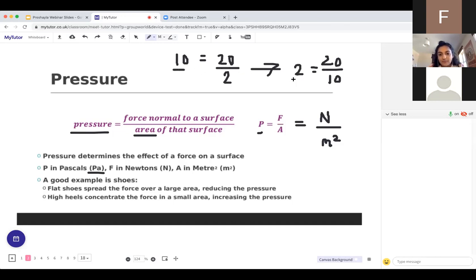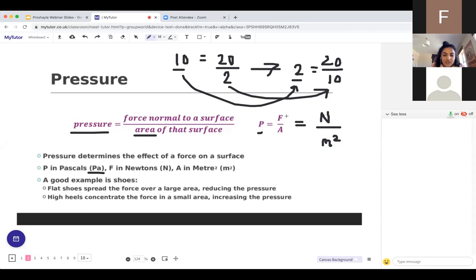Okay, so our area times by 5, but our pressure divides by 5 for the same force. Okay, so if area is bigger, pressure is smaller, and if area is smaller, pressure is higher. That's how it all fits together for the same force.